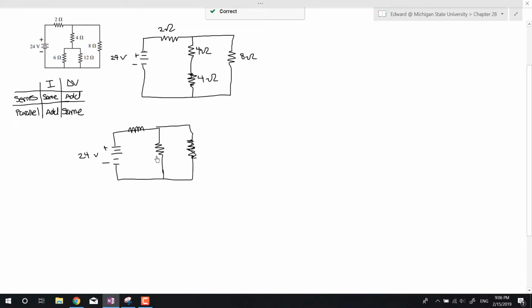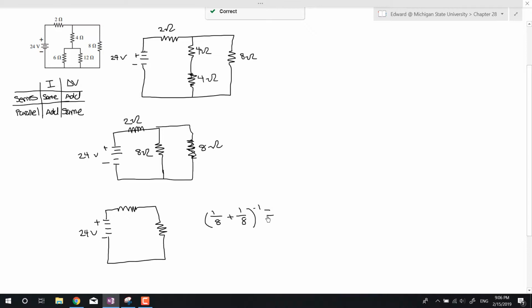That's connected, so if they're in series, just add them up. 4 plus 4 is 8 ohms, and the others are untouched. Now, as you might see, these two are in parallel, so again we can find the equivalent resistance of these two. Still 24 volts, resistor here, resistor here, complete the loop. Again, we do 1 over 8 plus 1 over 8 and take the inverse of that.